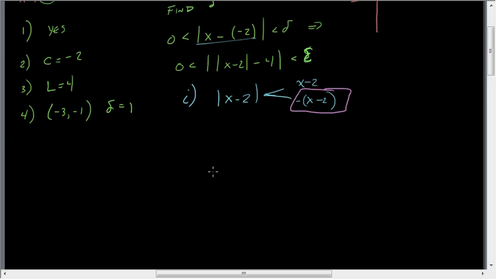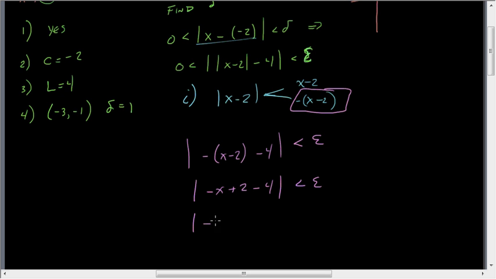All right, so now, since I want to minimize that as much as possible, then I'm going to take negative x minus 2 minus 4, and that's going to give me less than epsilon. That in turn is going to give me negative x plus 2 minus 4 less than epsilon, which will give me negative x minus 2 is less than epsilon.